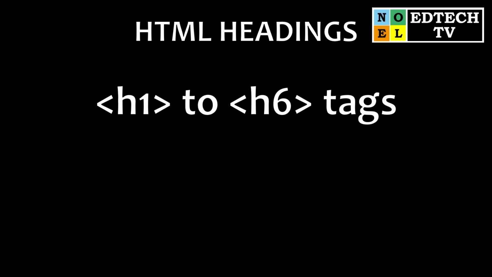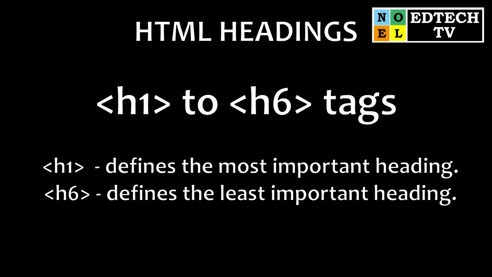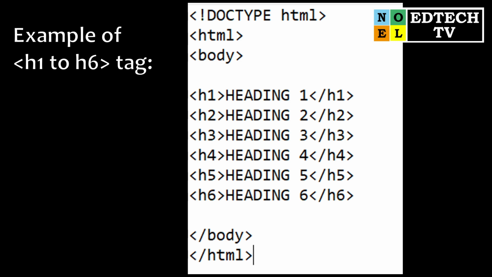Next, let's talk about HTML headings. The HTML headings are defined with the H1 to H6 tag. H1 defines the most important heading and H6 defines the least important heading. And here is the example code of the heading tag.